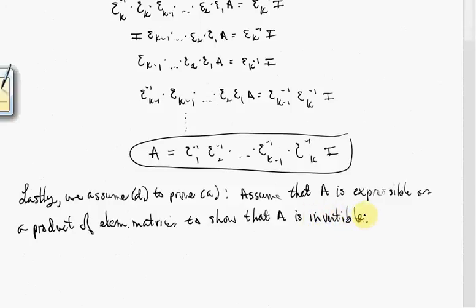So we can't assume that A is invertible anymore. We don't know that. All we know is that A can be expressed as a product of elementary matrices. Well, I know this statement here. This is what I know.